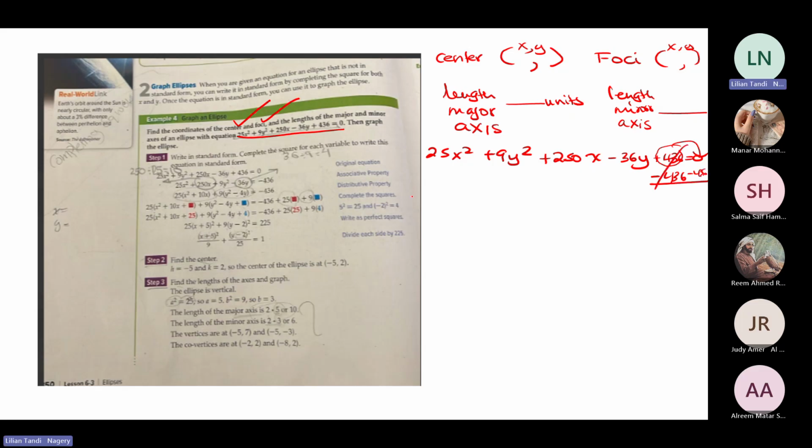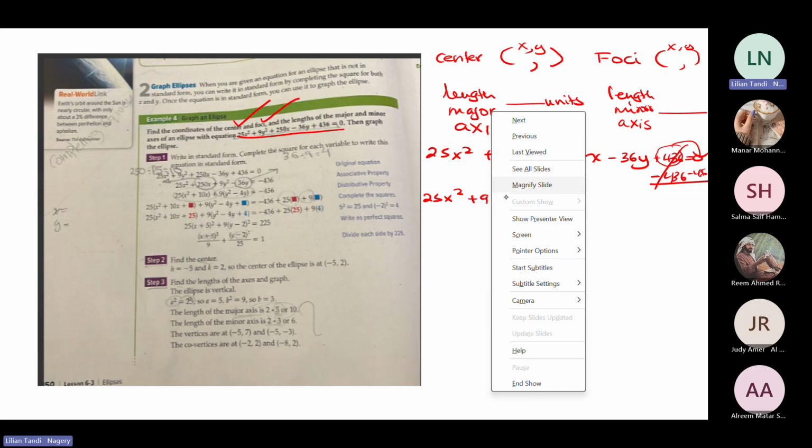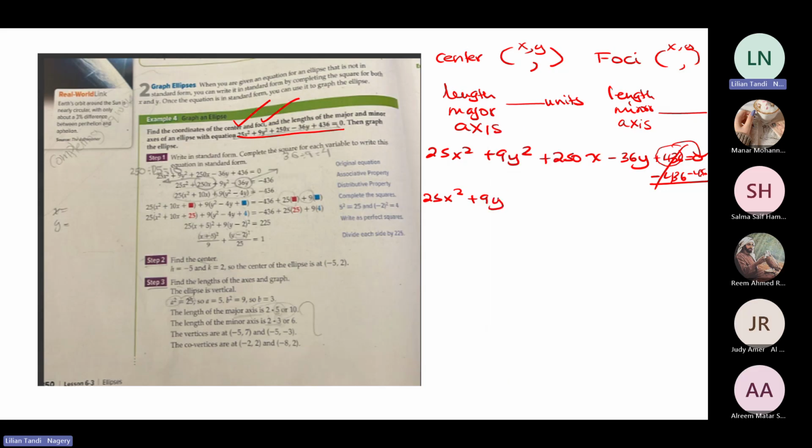My new equation becomes 25x squared plus 9y squared plus 250x minus 36y equals negative 436. Any question? No. Okay.